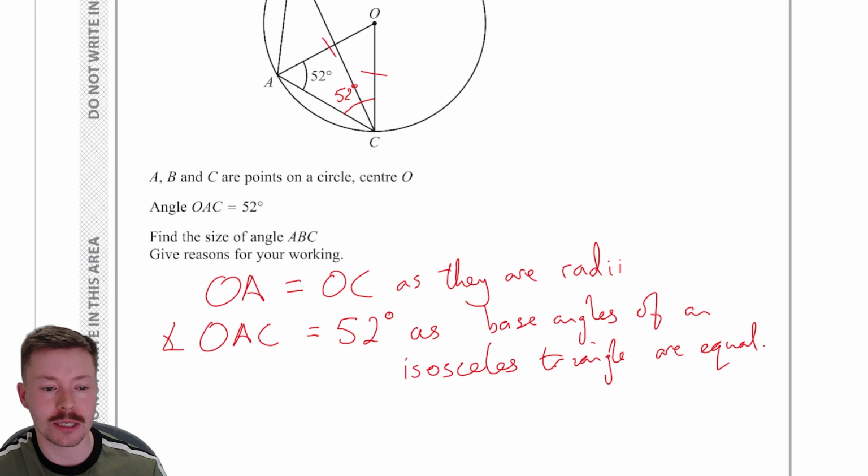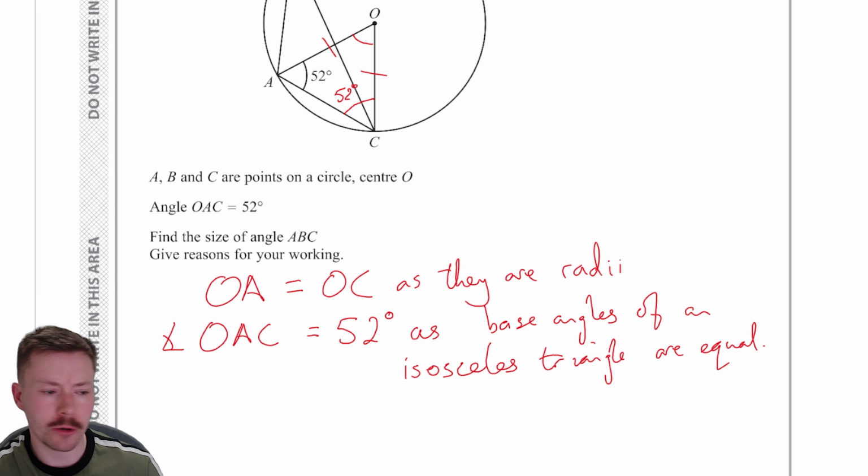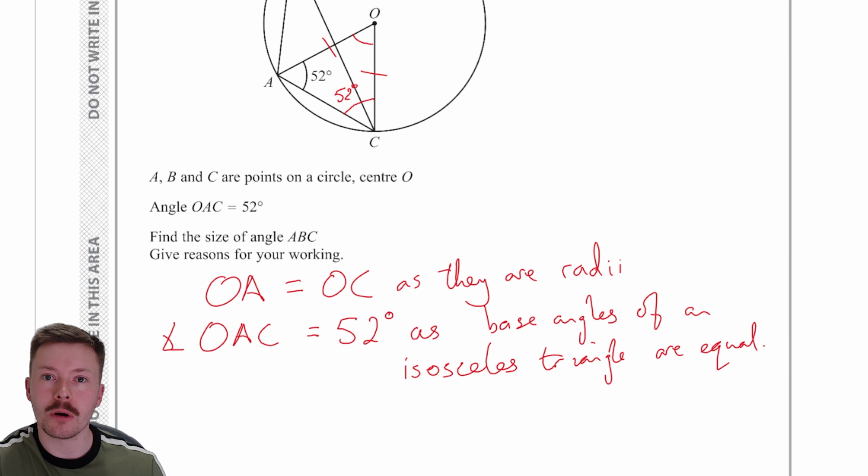Okay, so 52 degrees as base angles of an isosceles triangle are equal. We can then work out this angle here. I'll do my working out in my explanation, that's probably a good place to put it.